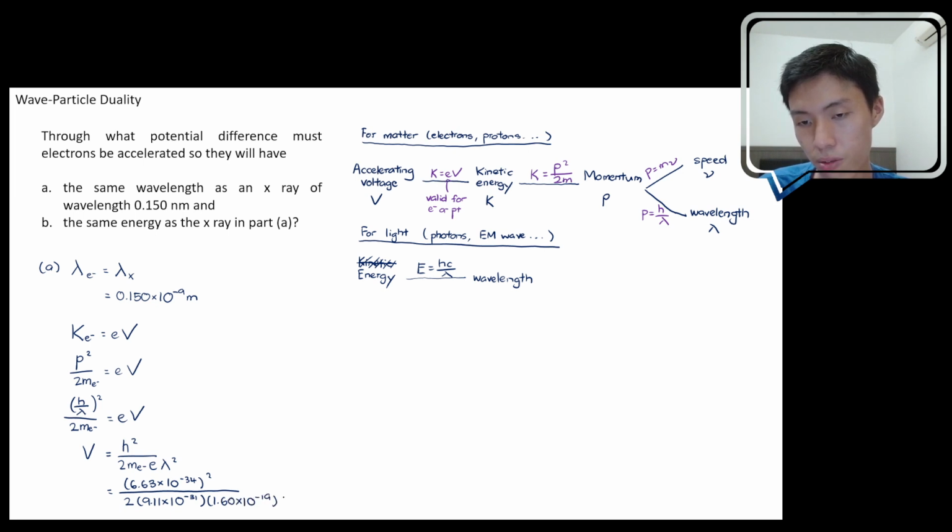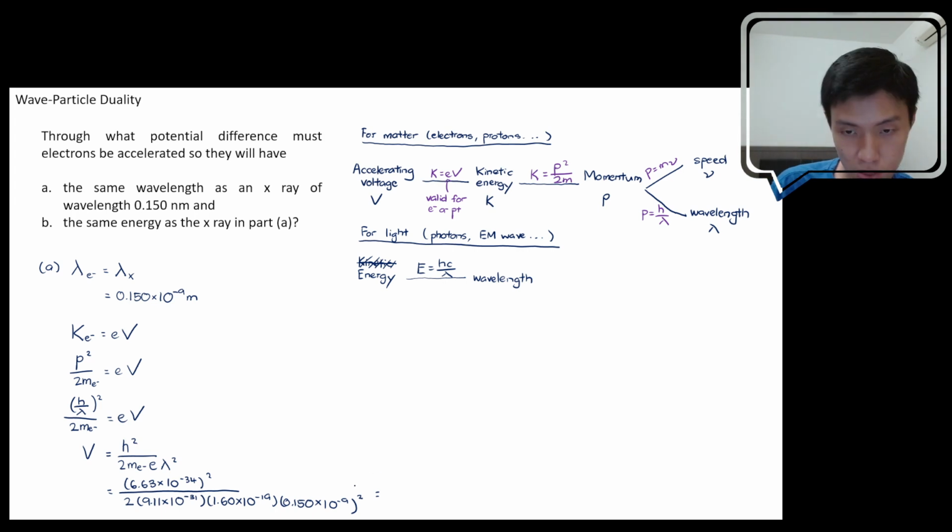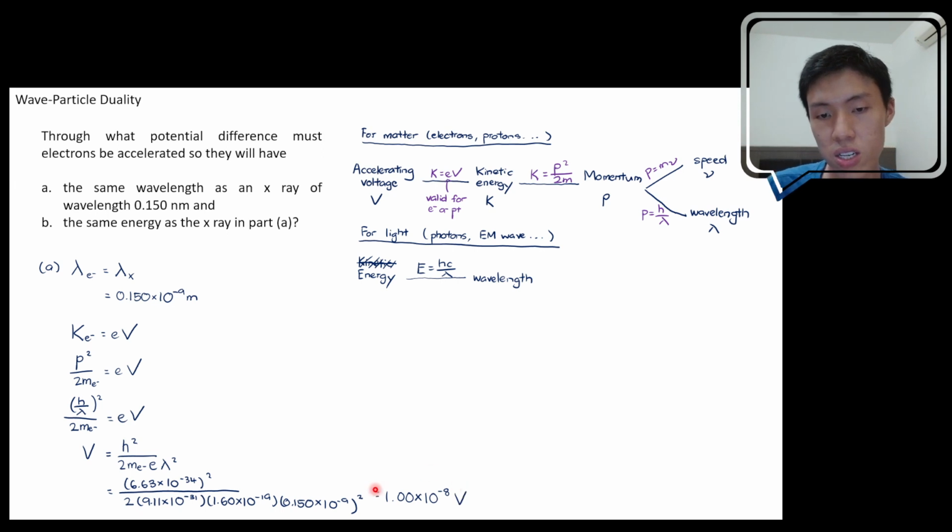Then our wavelength here will be 0.150 times 10 to the power of negative 9. And of course, your wavelength has a square, so do remember to square it. If you calculate it, you get an answer of 1.00 times 10 to the power of negative 8 volt. So this is the voltage needed in order to obtain this wavelength.